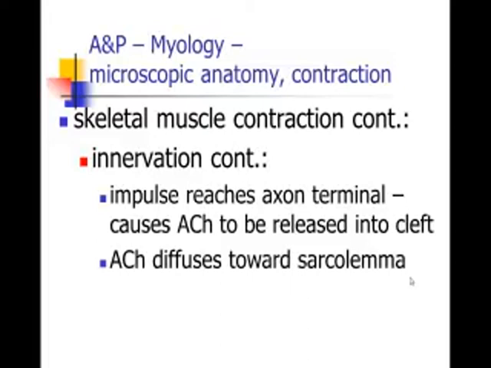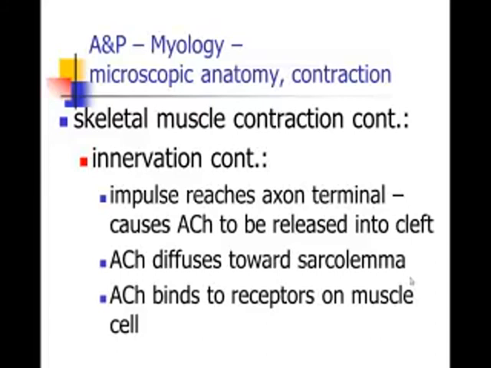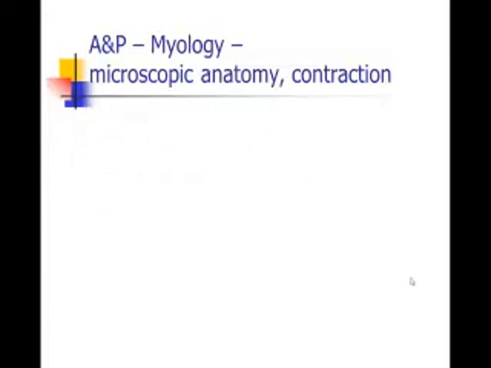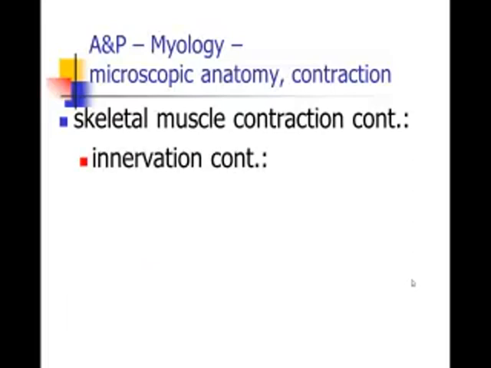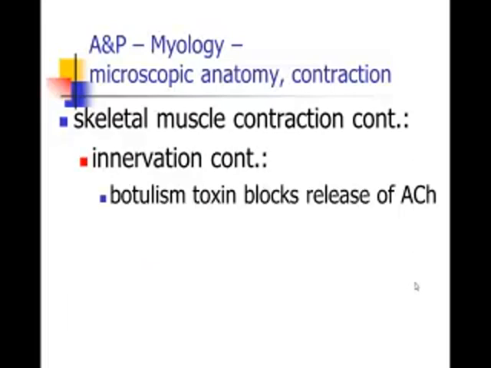Some of it's going to reach the sarcolemma, and when it does, it bonds with receptors on the muscle cell. That is going to cause the muscle cell to depolarize and have an action potential. And remember, one stimulation is always going to have enough acetylcholine to cause the muscle cell to have an action potential and therefore have a contraction.